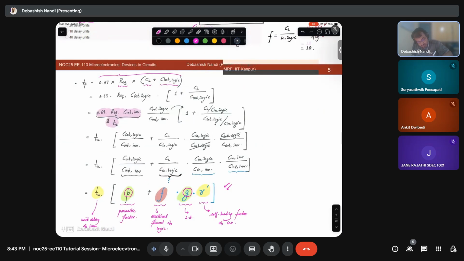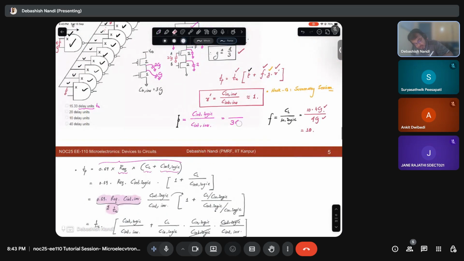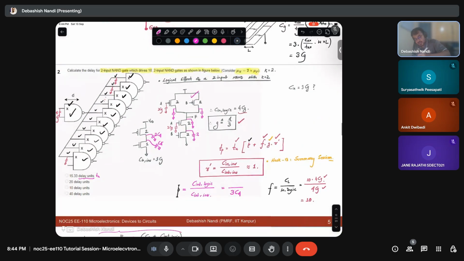By the way, these are not CGs, these are CDs, because this is at the drain side. So what is this capacitance?